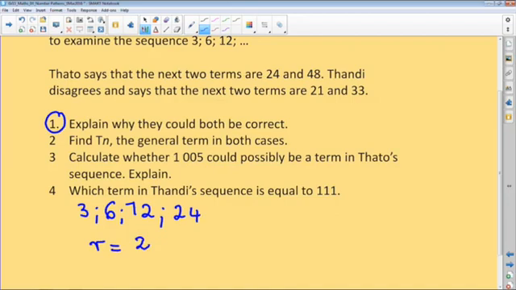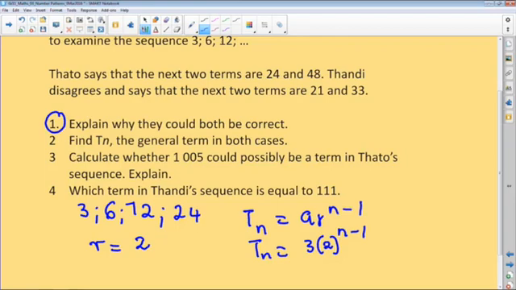So now her general term will be Tn equals a r to the n minus 1. Now remember that your a is the first term and your r is your common ratio. So she's got Tn equals 3 times 2 to the n minus 1. So that's the general term for Thandi's sequence.